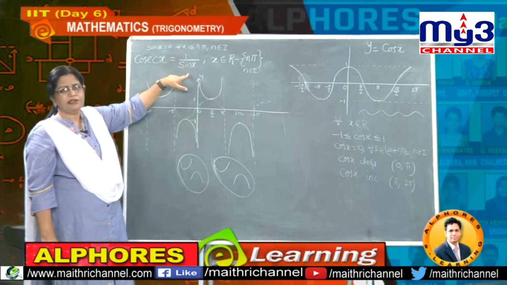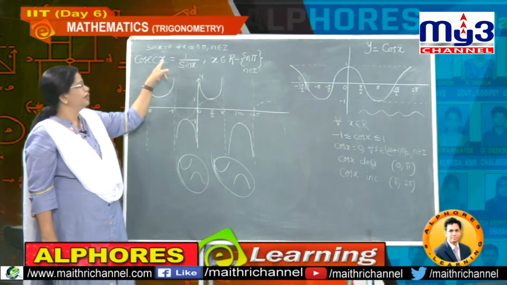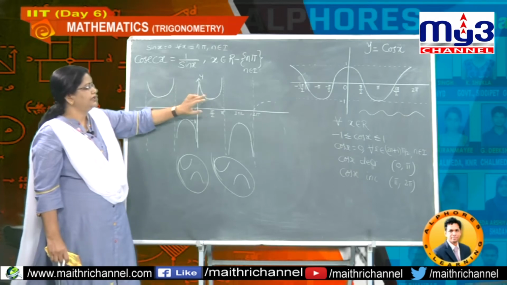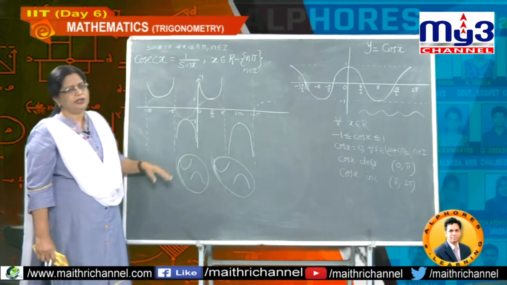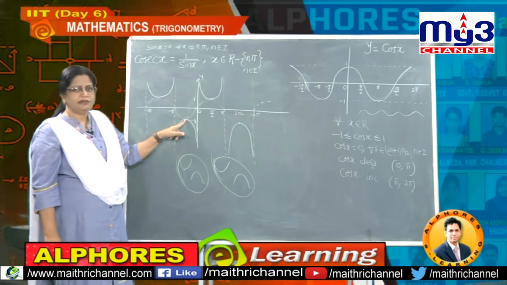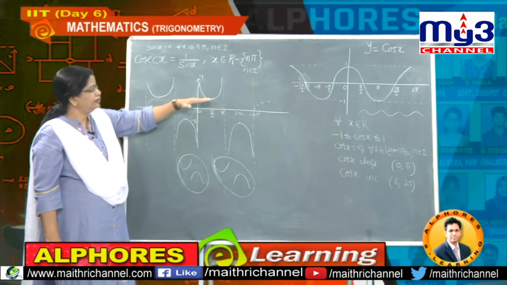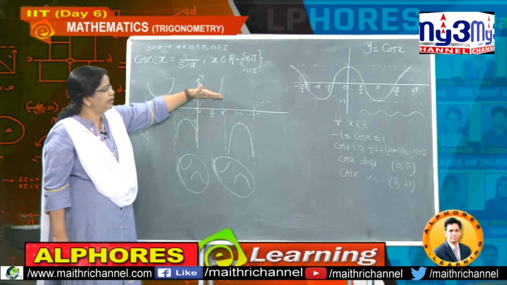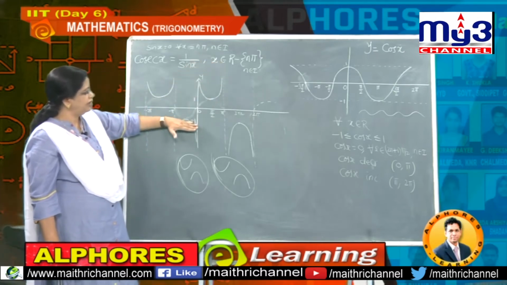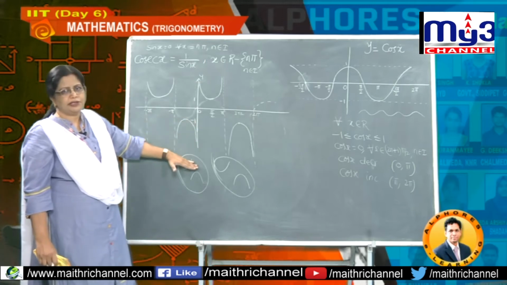What is 1 by sine 90? It is 1 only. So cosecant 90 is 1, sine 90 also 1. So 1 is there, and similarly minus 1 also there. But after 1, all values are more than 1. Understand? And all these other values are less than minus 1.